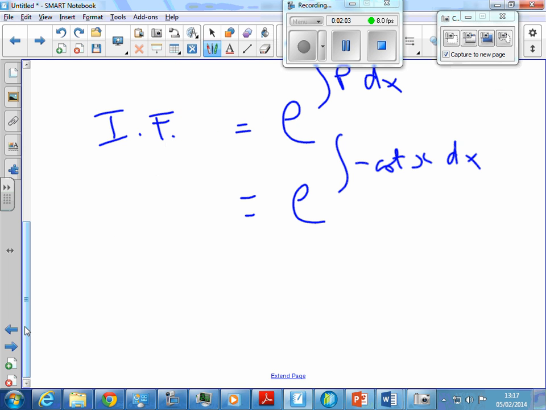Now, the integral of cot is simply ln sine x. That is e to the minus ln sine x. And of course, we know the rule, the minus 1 can go up, and that's sine x to the minus 1, which could also be written as cosec x.